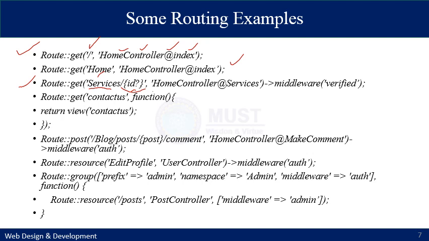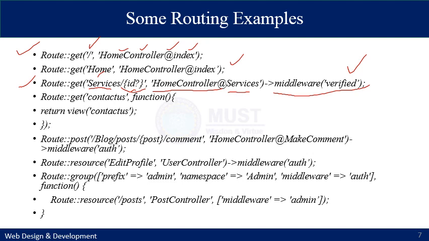If we move to the next part, again the home controller is called. Now the services method is used to access the URL with this. So here is an important application, that you are restricting this URL or path to only verified users.